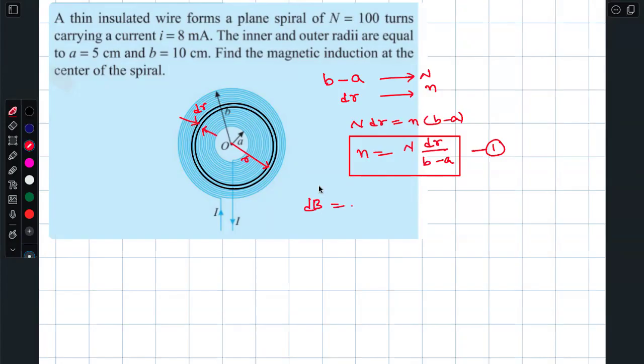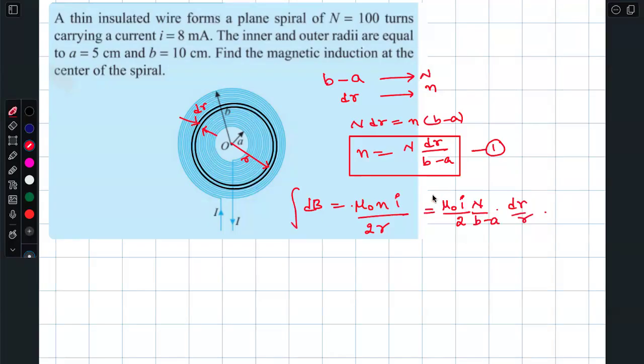If it is a circle, mu naught I by 2r. If it is a coil, mu naught n I by 2r, which is nothing but mu naught I by 2 times N by (b minus a) times dr by r. Any doubt?